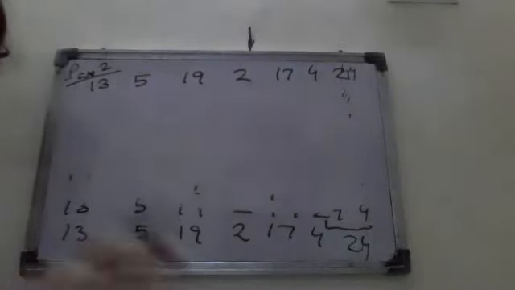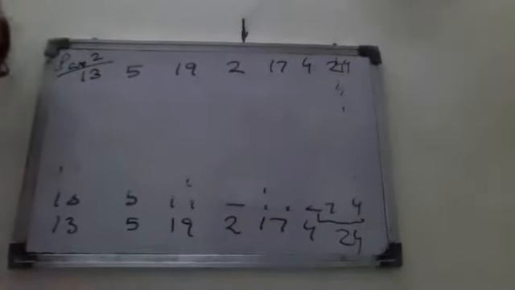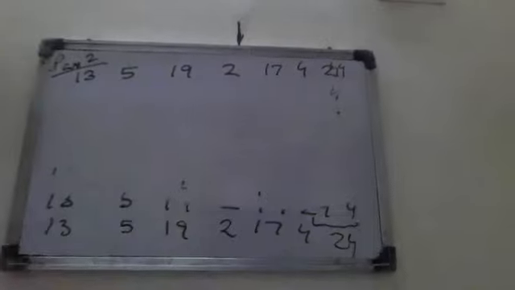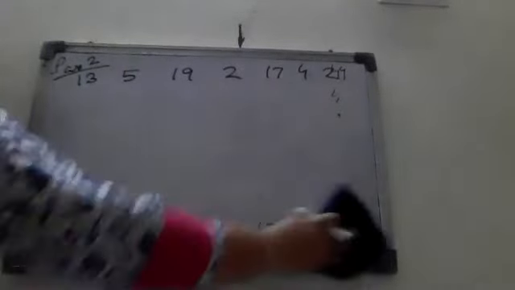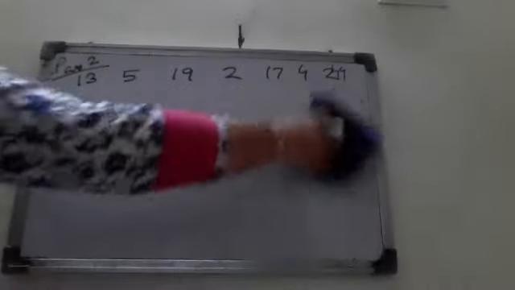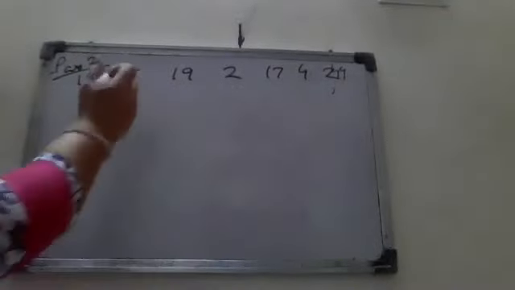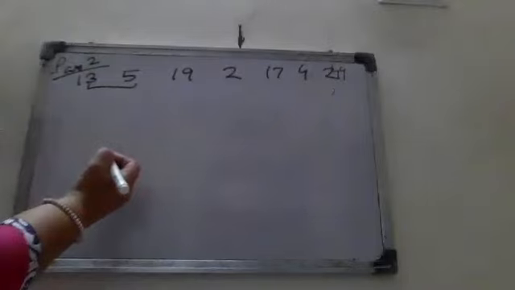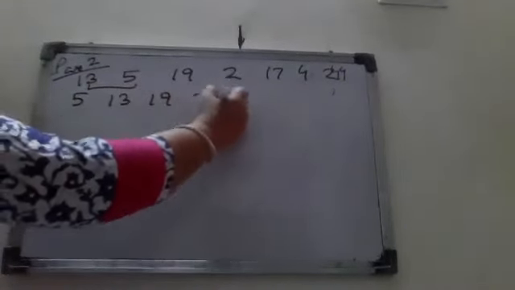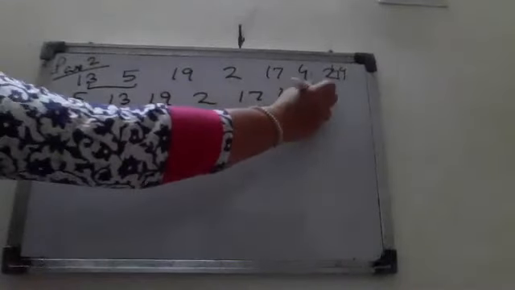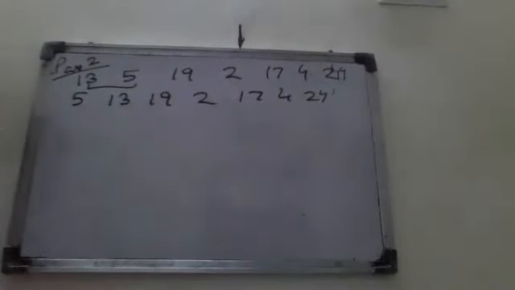These are the numbers which I have copied. Now I again compare the first two numbers. Then it becomes 5, 13, 19, 2, 17, 4, 24.